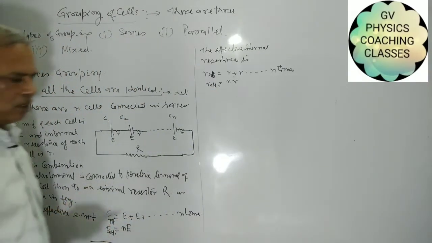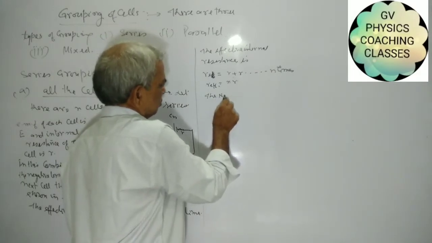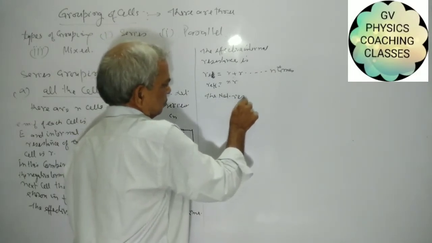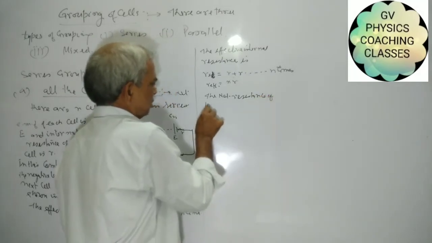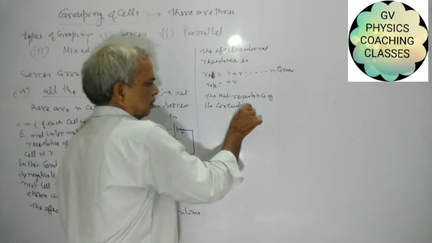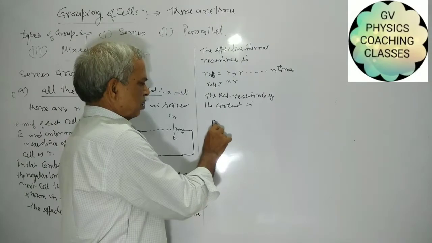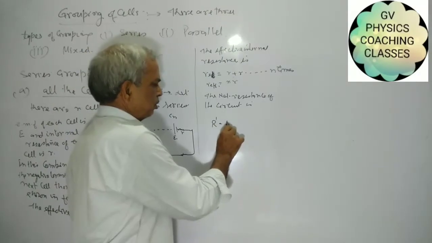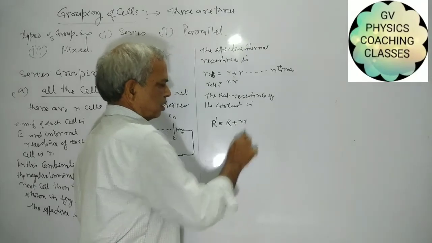The net resistance of the circuit R dash is equal to R plus nr.